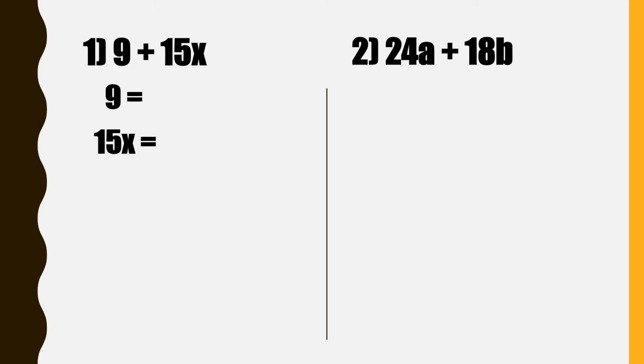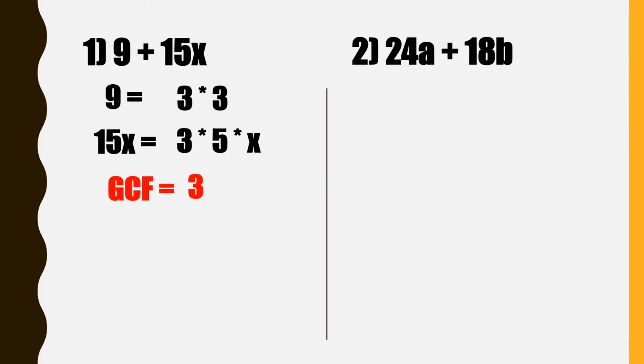What are the prime factors of 9? 3 and 3. How about 15x? 3, 5, and x. What is the common factor? 3. Meron pa bang iba? Wala na. Therefore, the greatest common factor is equal to 3.